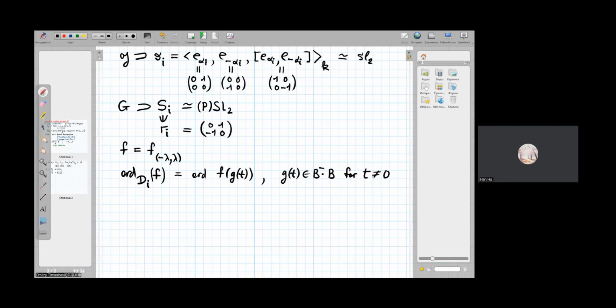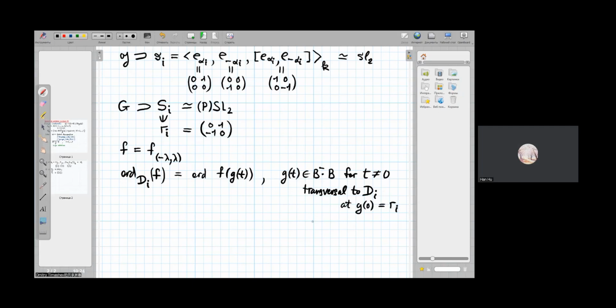And when t is equal to 0, then this curve g of t passes through this element Ri, and it is transversal to the color di at this point g of 0, which is equal to Ri.